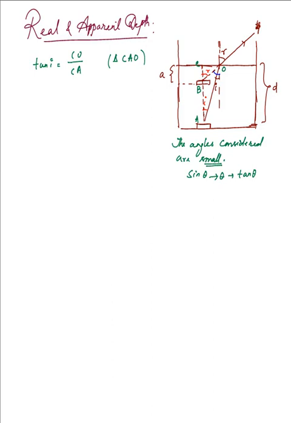And as far as tangent of R is concerned, we'll consider the right angle triangle CBO, and in that case it will be CO over CB.